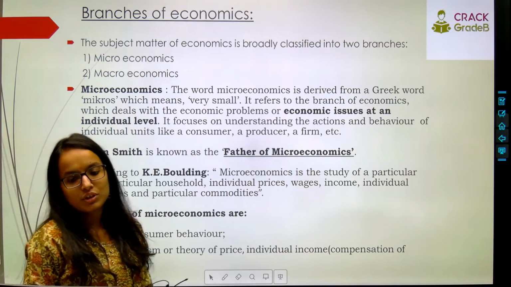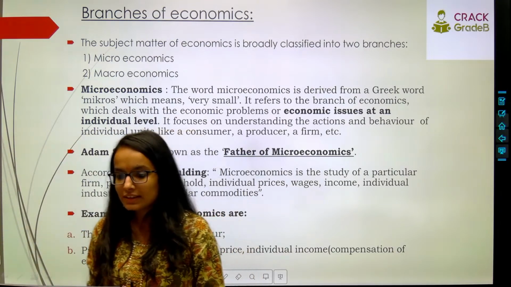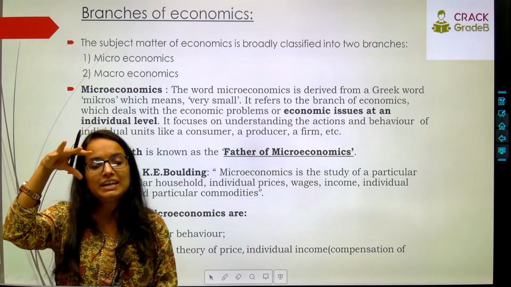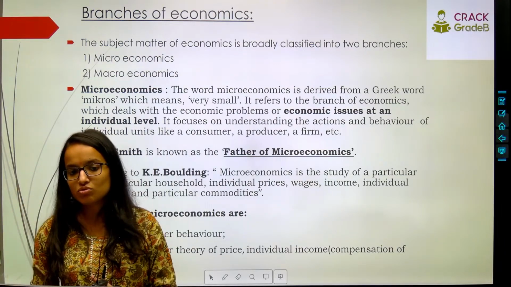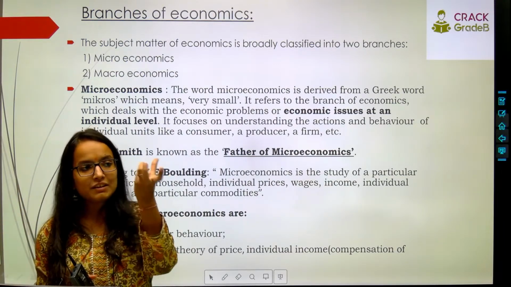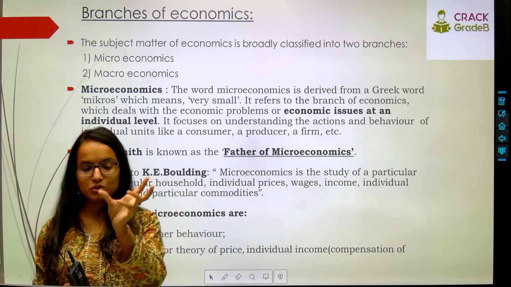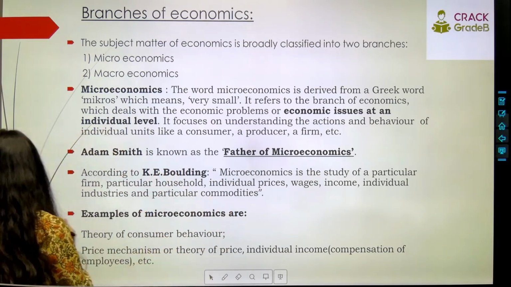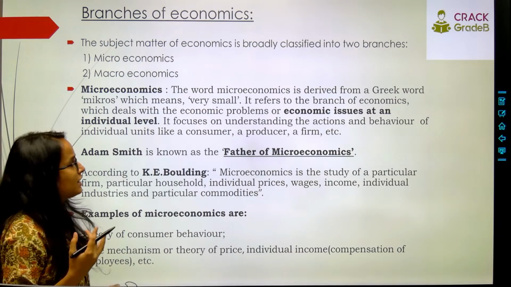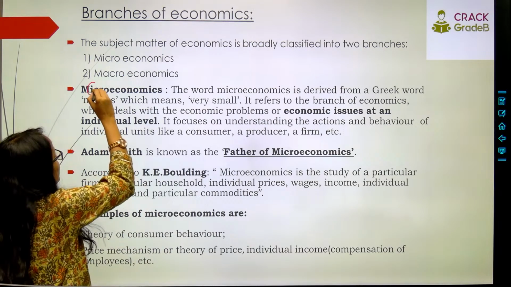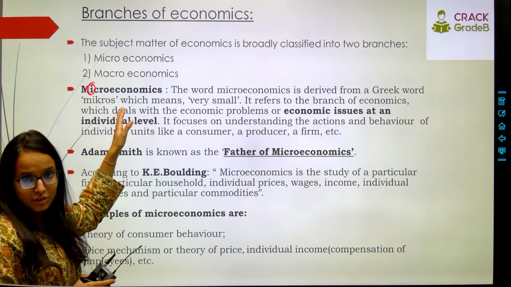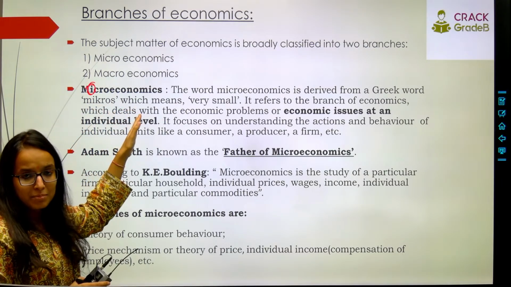Now what is microeconomics? Microeconomics deals with all the concepts and theories at the individual level. What is individual level? Individual level means individual person, individual consumer, individual producer, individual investor. For your convenience, you can remember through this I. There is I in microeconomics, so through this I you can remember individual.